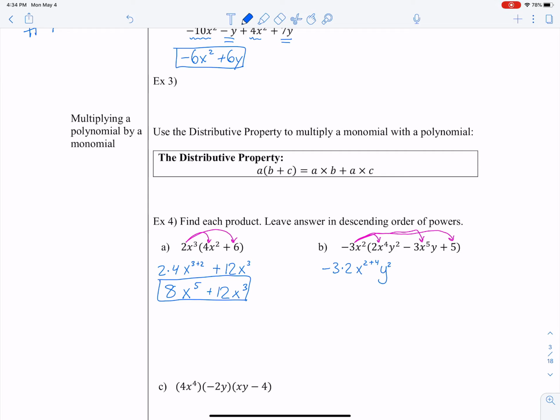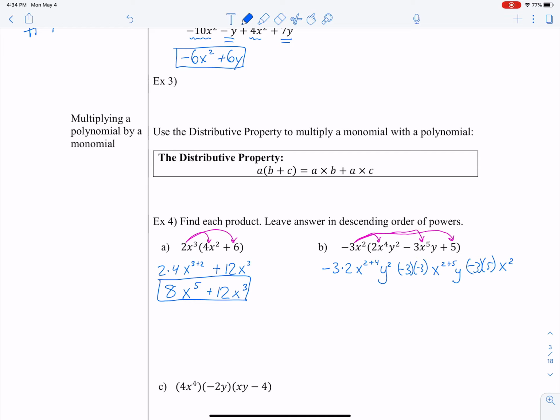And then I have minus 3 times minus 3x to the 2, plus 5y. And then I have minus 3 times 5x to the 2.